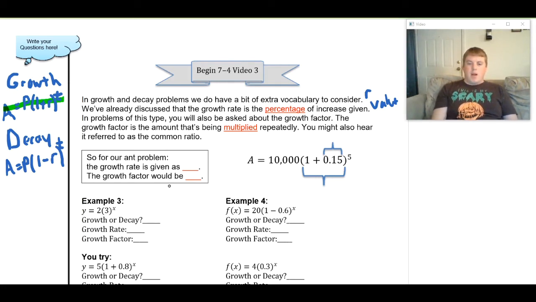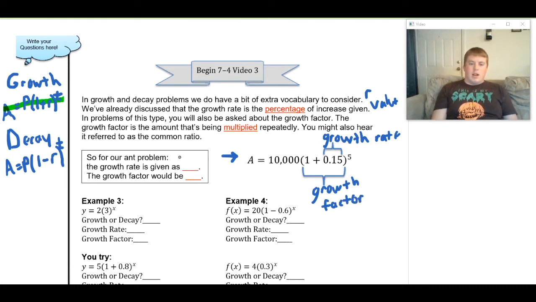So I have the ant problem labeled over here, our results from above. Our r value, or our growth rate, will be the 0.15 that we were adding. This is the growth rate. The growth factor will be the whole set of parentheses, where we are doing 1 plus 0.15.